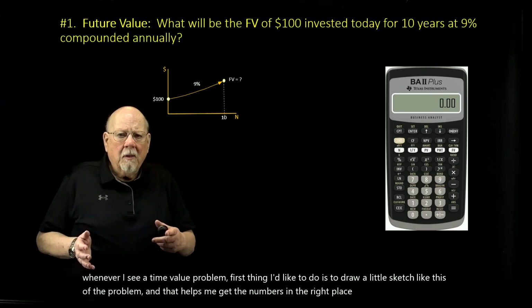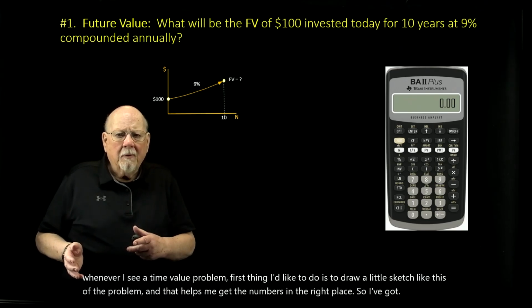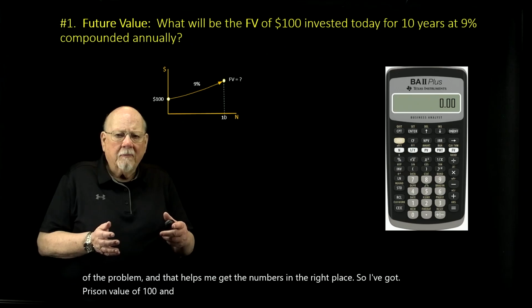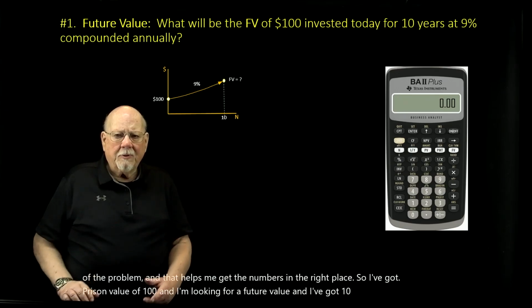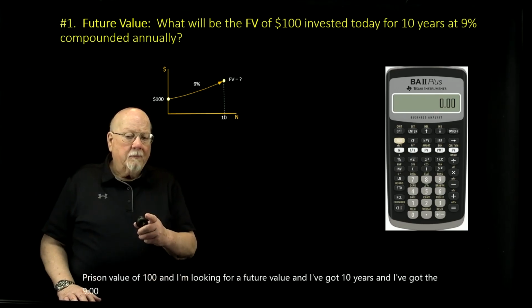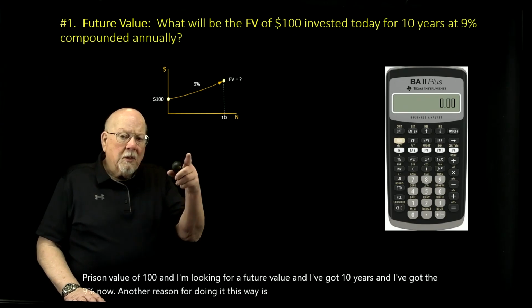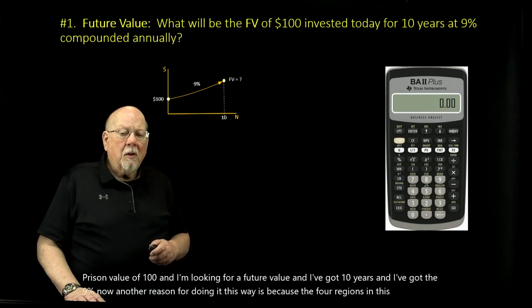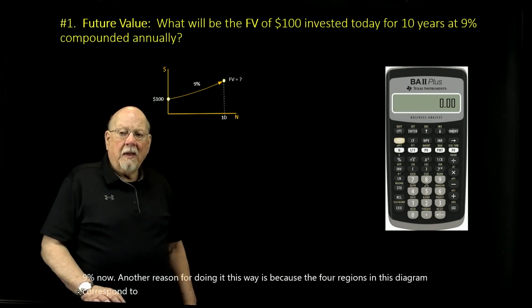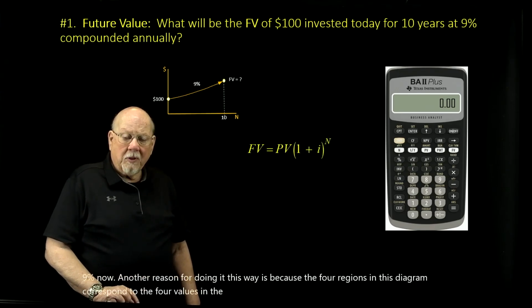So I've got present value of 100. And I'm looking for a future value, and I've got 10 years, and I've got the 9%. Now, another reason for doing it this way is because the four regions in this diagram correspond to the four values in the simple future value equation.